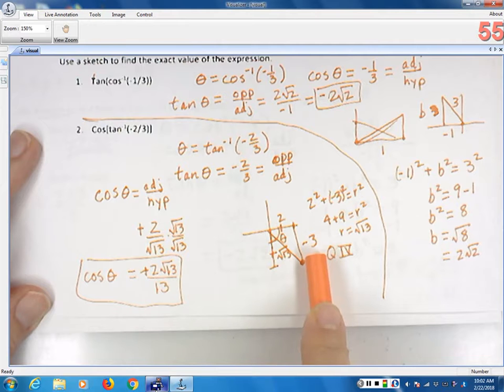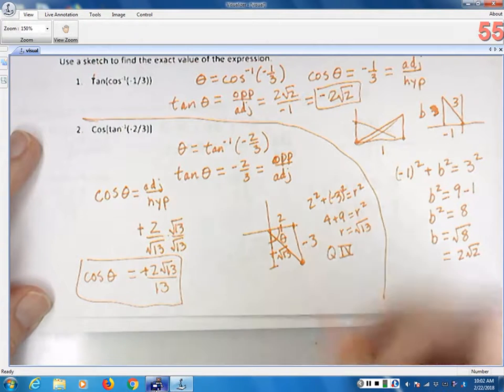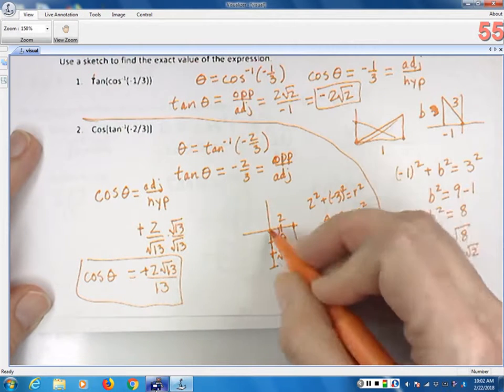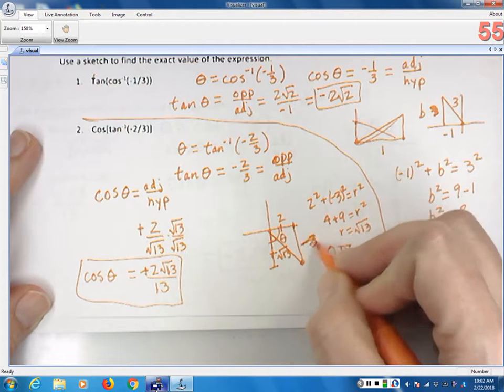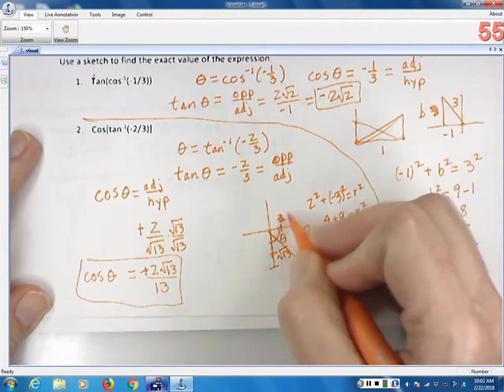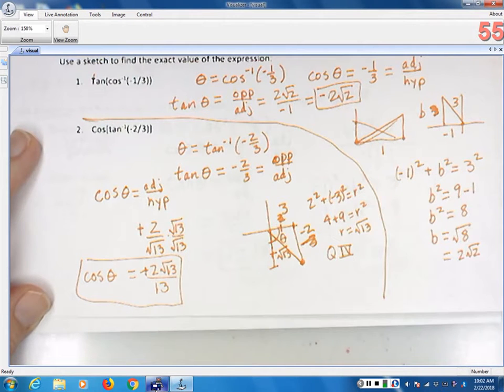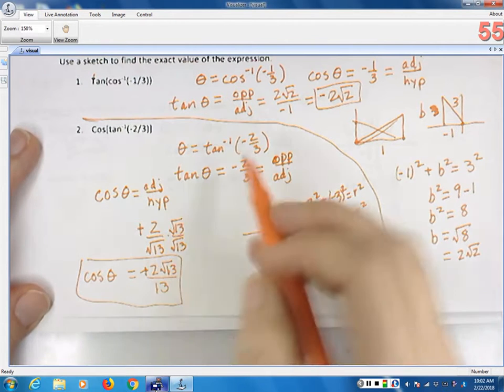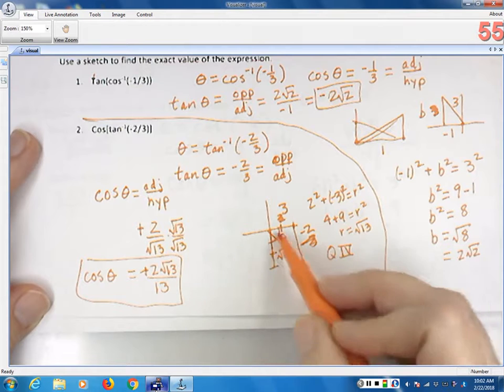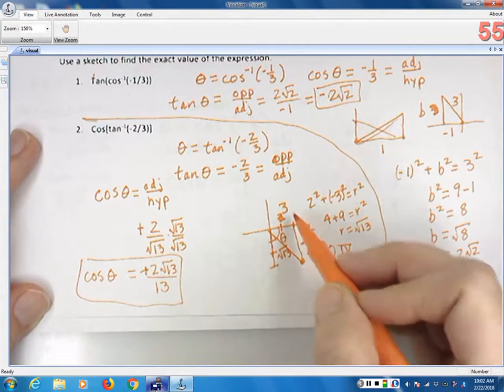Oh, did I do this wrong? Yes, I did it wrong too. Okay, opposite over adjacent, this is our angle. Opposite is minus 2, this is 3.